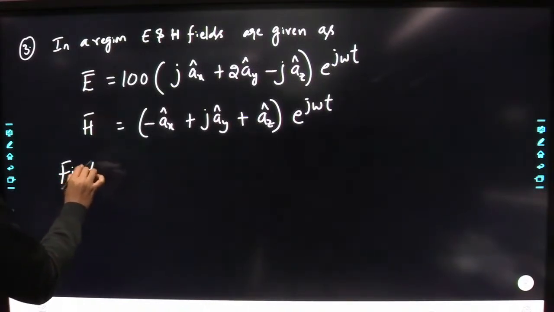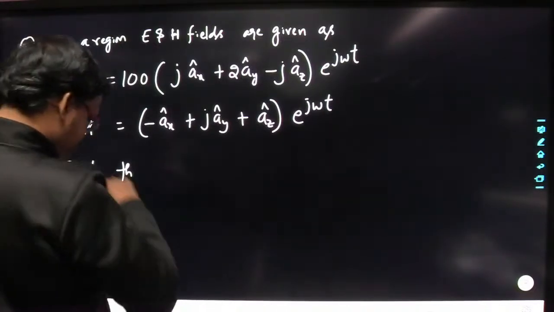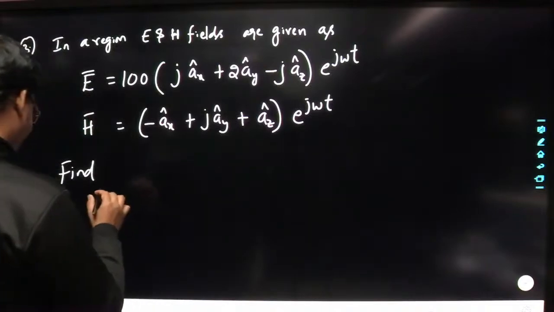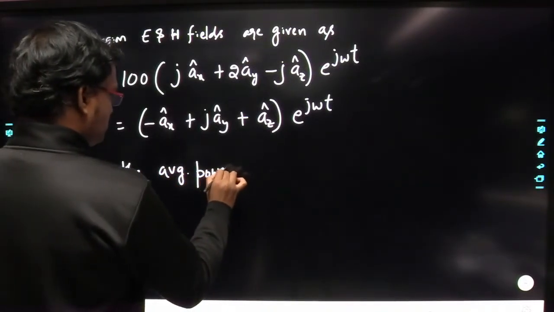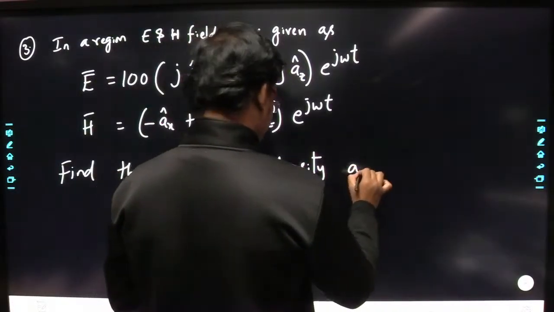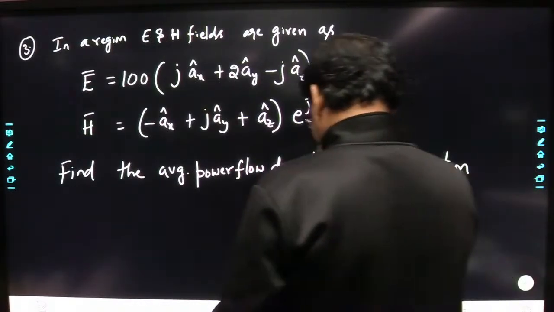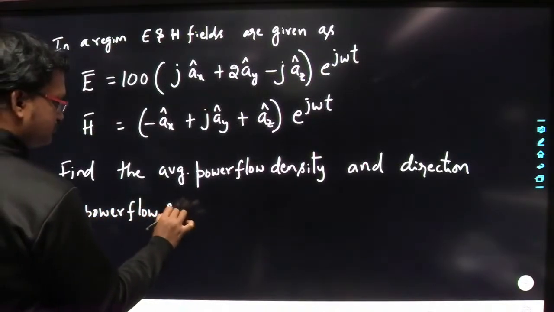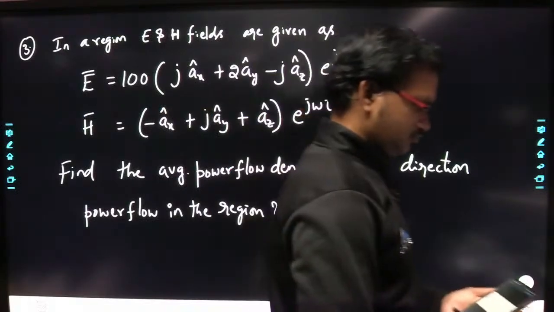Then find the average power flow density and direction of power flow in the region.